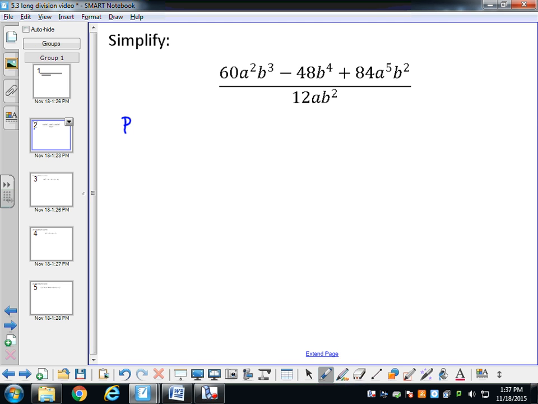Now, because this is a polynomial divided by a monomial, I don't really have to worry about long division here. Simply, each part of the numerator has to be divided by the denominator.